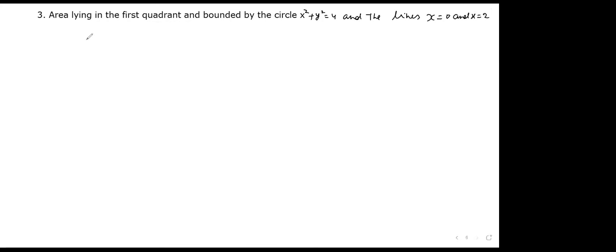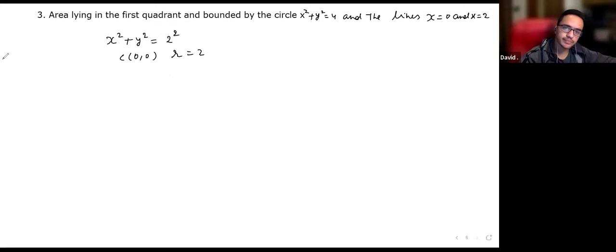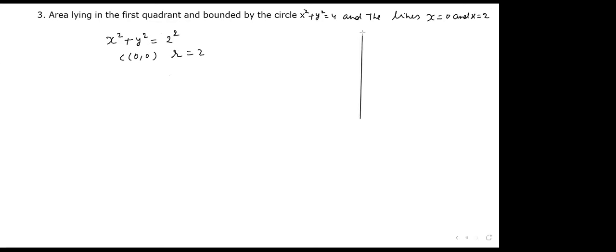So we have the equation of the circle x square plus y square equals to 2 square. Obviously the center is the origin and the radius is 2. So first we shall draw a rough sketch of it.